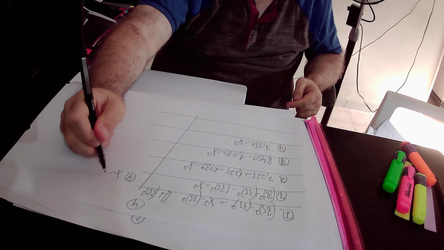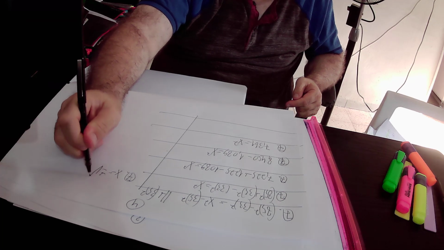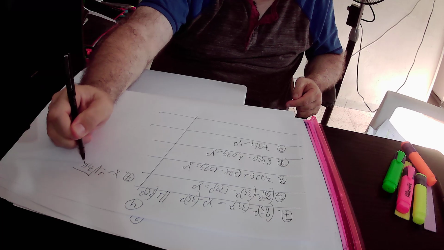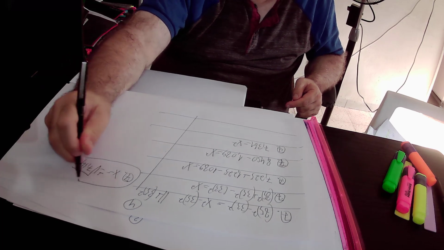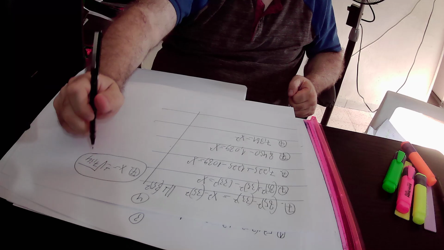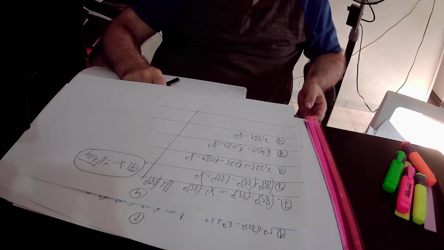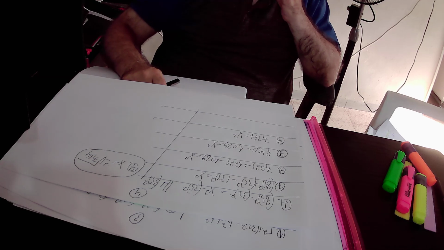So here we take the square root of this equation number 7, and we get that x equals plus minus square root of 7,361. So here we have two solutions that are possible for x. The negative square root of 7,361 and the positive square root of 7,361.